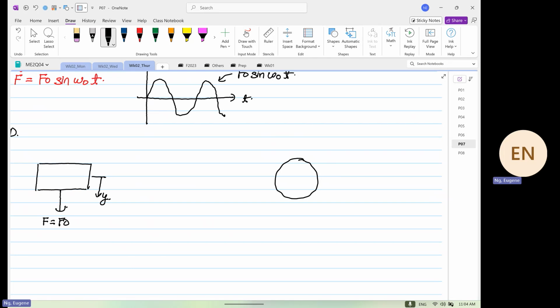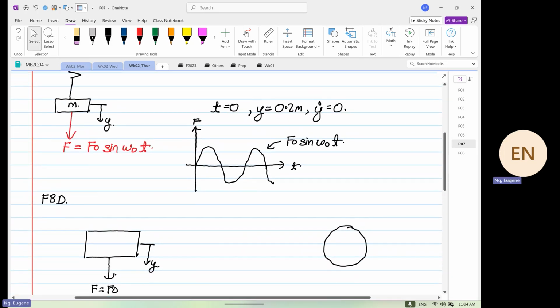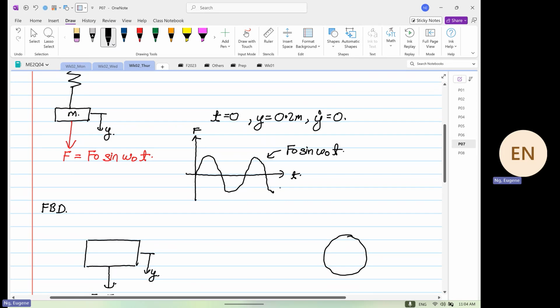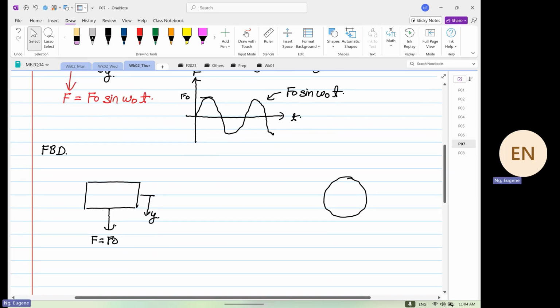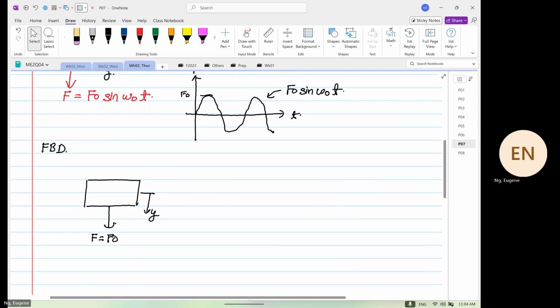Am I right? So this works by creating a force signature, having a sine wave, and having an amplitude of F naught. Does that answer your question? Or do you want to see mechanically, or visually, how it is built? Okay, so what is a flywheel?